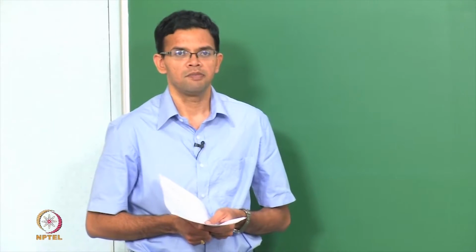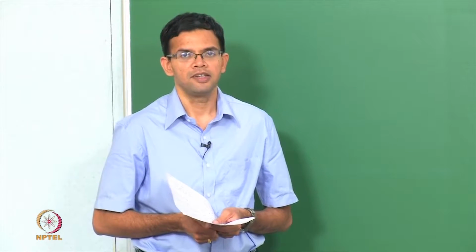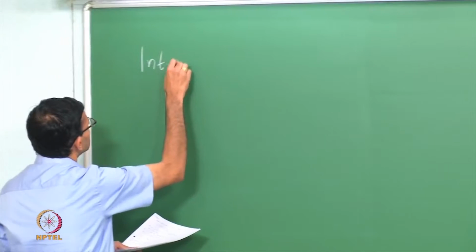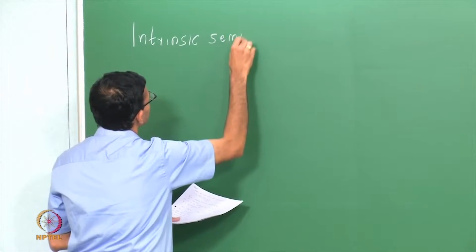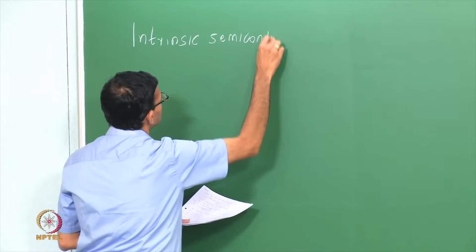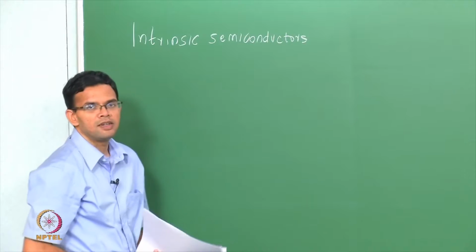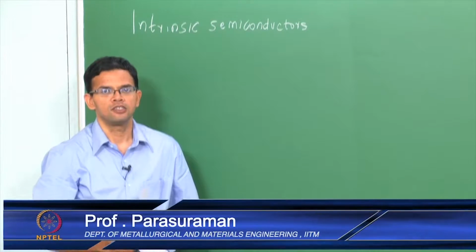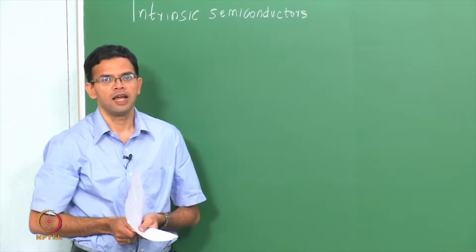Let us start with a brief recap of last class. Last class we looked at intrinsic semiconductors. These semiconductors are pure semiconductors, and we calculated the concentration of electrons in the conduction band and holes in the valence band.